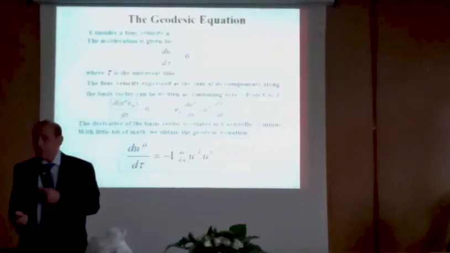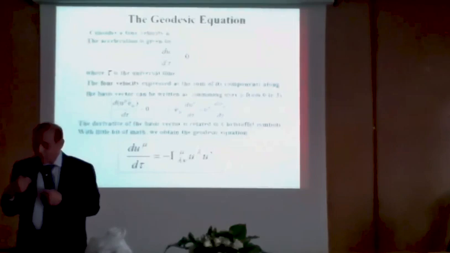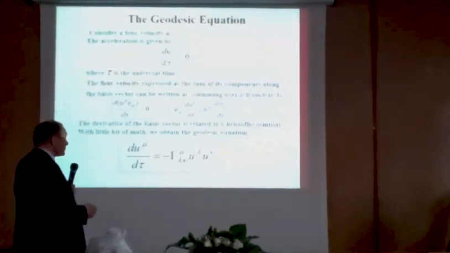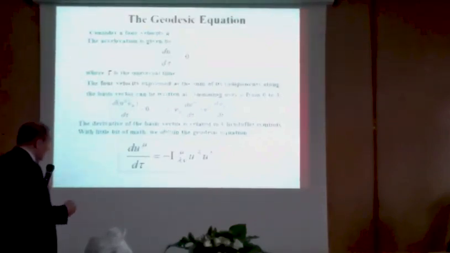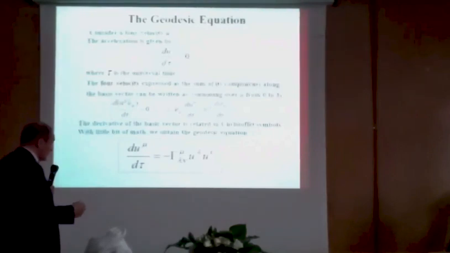Acceleration happens, of course, with respect to an external observer, not according to myself. I will not talk more about this. This is the general equation of geodesics in general relativity.